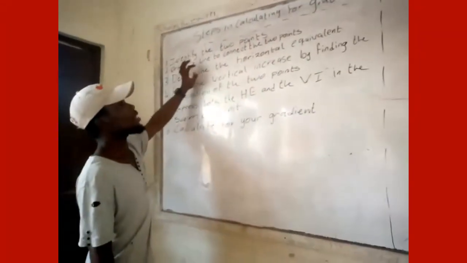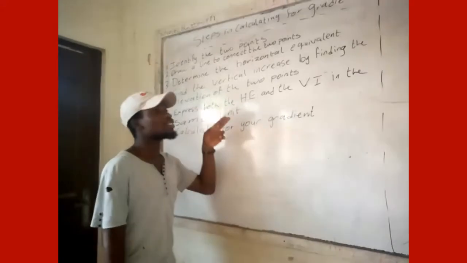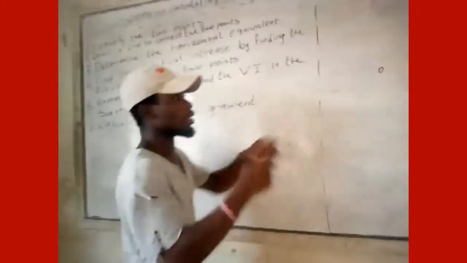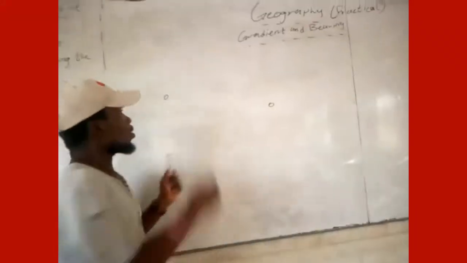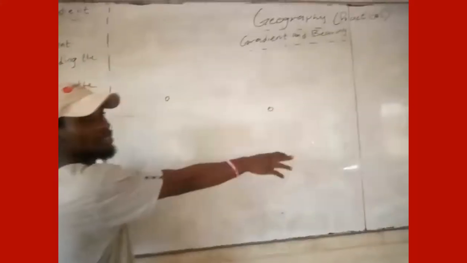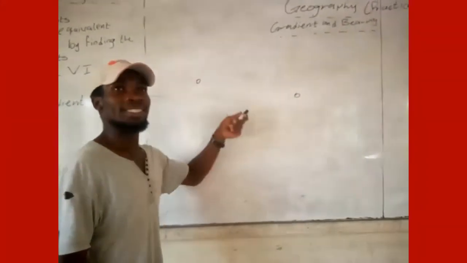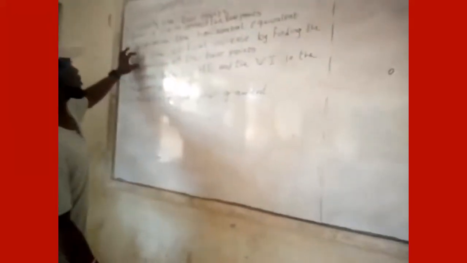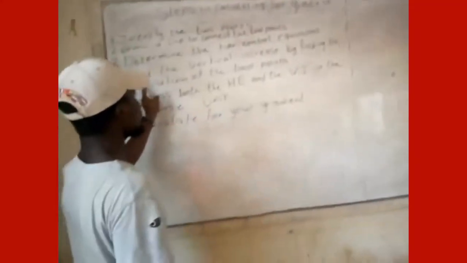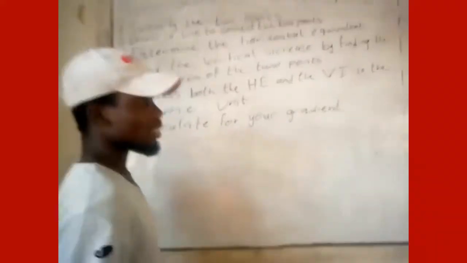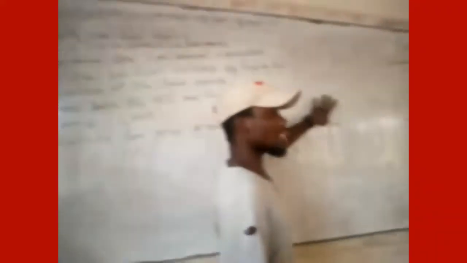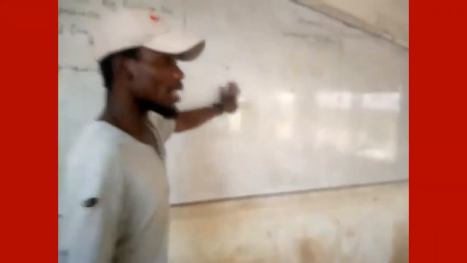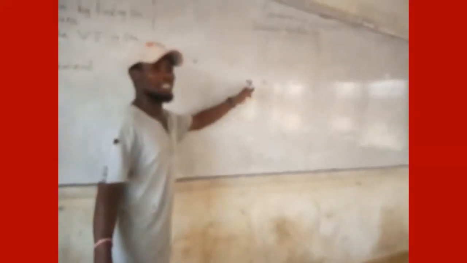After that, you determine the horizontal equivalent, which is the distance from point A to point B. You use your ruler to measure the marked distance, and then convert it based on the scale to the actual distance. Then you also find the vertical increase by finding the elevation of the two points.